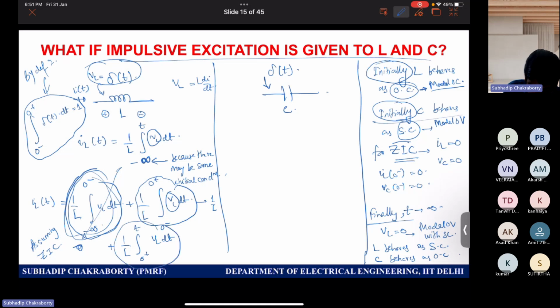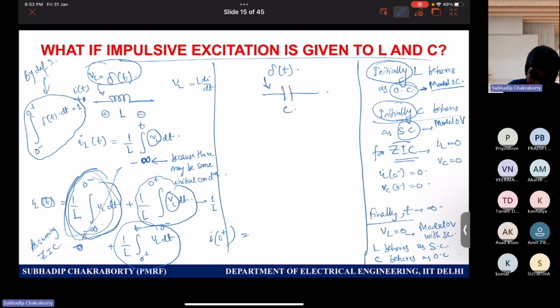Plus this, what can you tell, 0 plus to t? 0. No, not 0, but how can you say 0? Because you cannot say, you need to know what the forcing function is. But the forcing function is delta, right? It should be specified, I of 0 plus, okay?